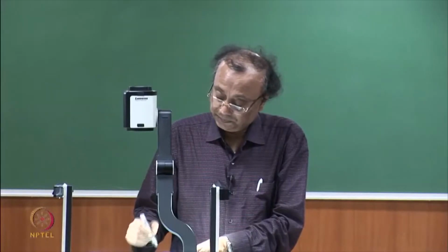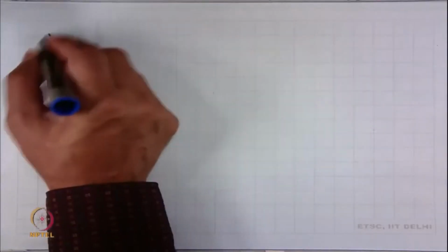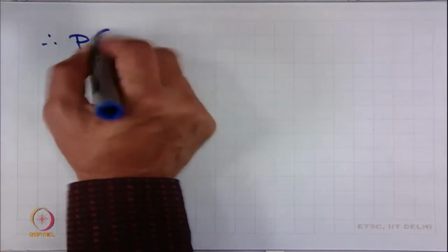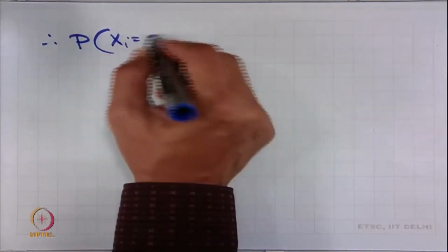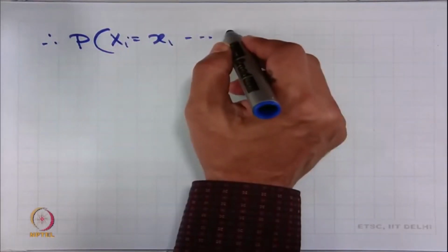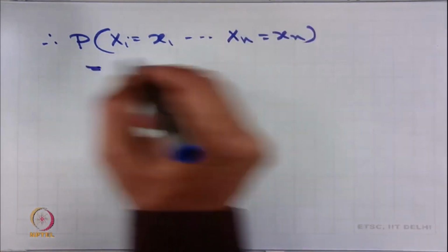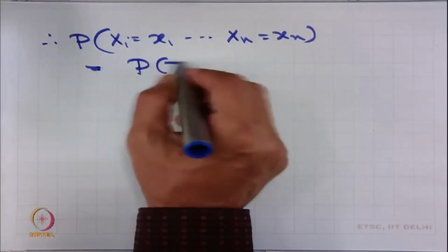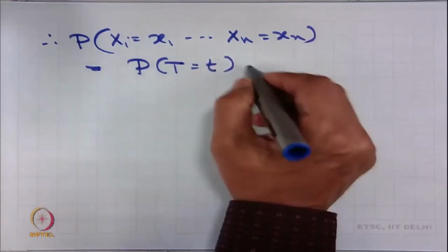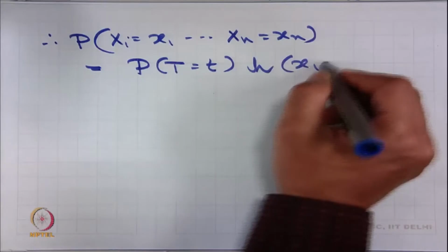So, we can ignore this part. Therefore, probability x1 is equal to x1, xn is equal to xn is equal to probability t is equal to t into h of x1, x2, xn.